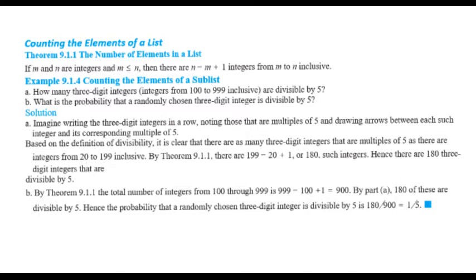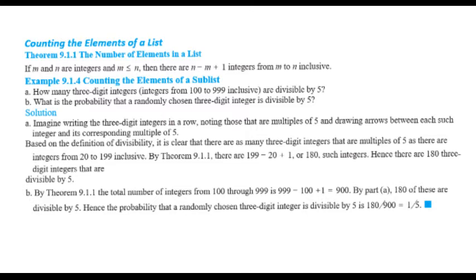And it can go all the way to 199, which if you multiply it by 5, you get 995, which is the largest three-digit integer that is divisible by 5. So we can say there's a one-to-one correspondence between integers from 20 to 199 inclusive and the three-digit integers that are divisible by 5.